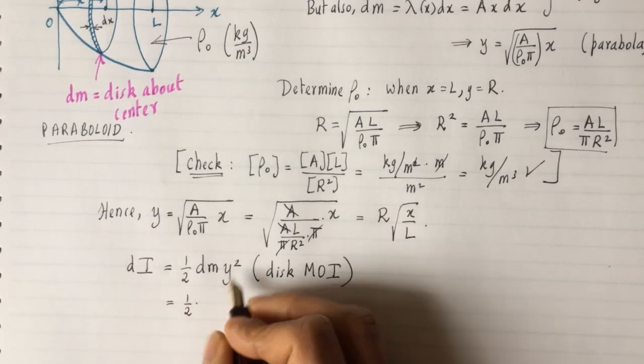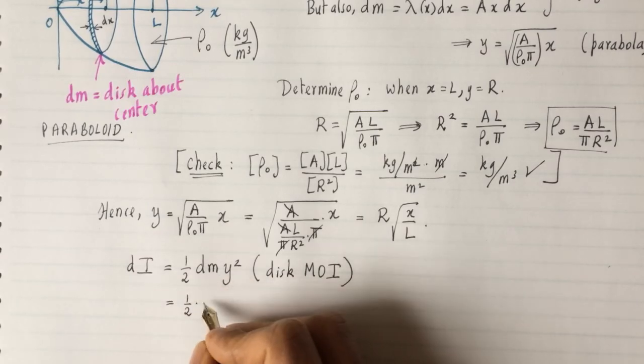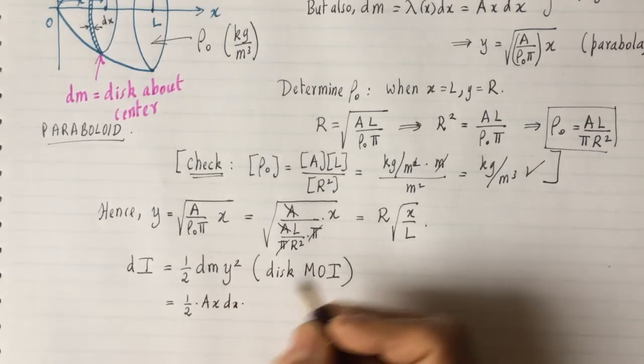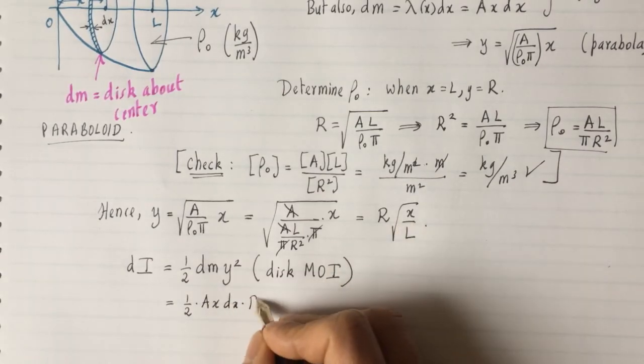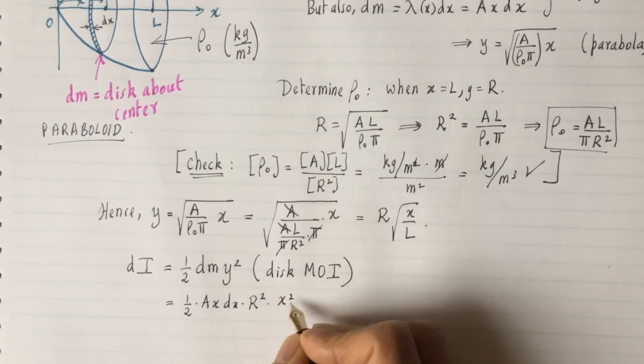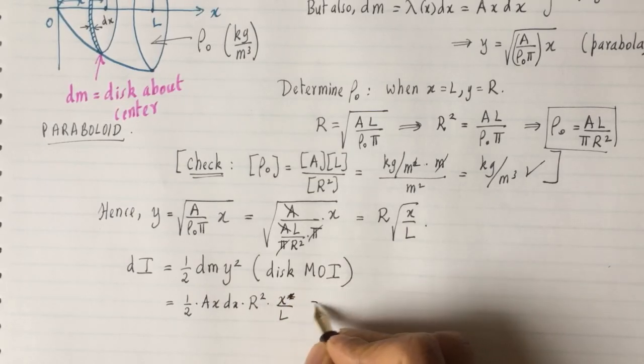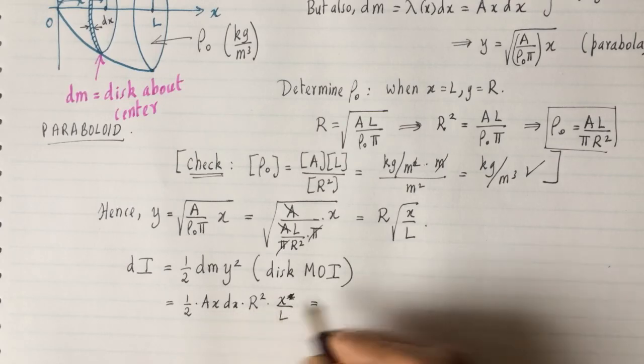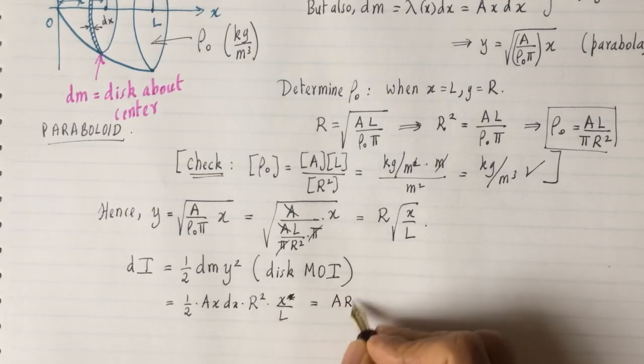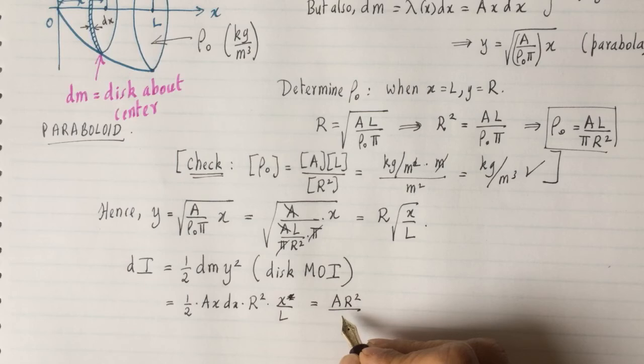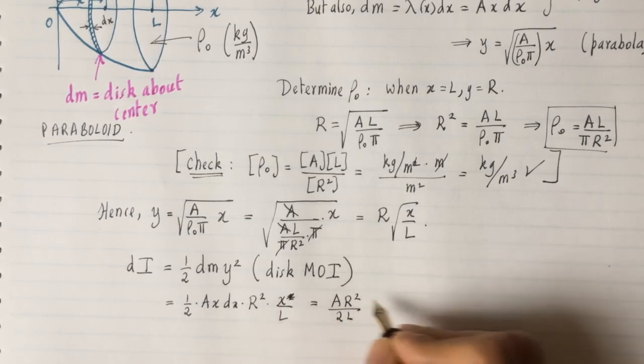So the mass dm is lambda x dx, which is ax dx, and y squared because of that is r squared times x over L. So now I get a r squared over 2L x squared dx.